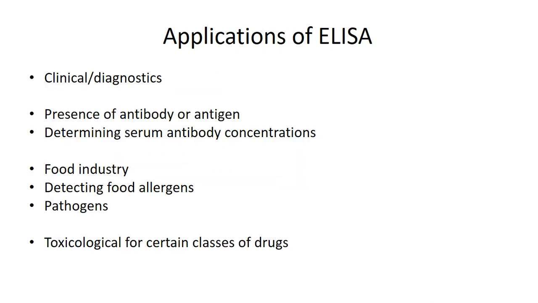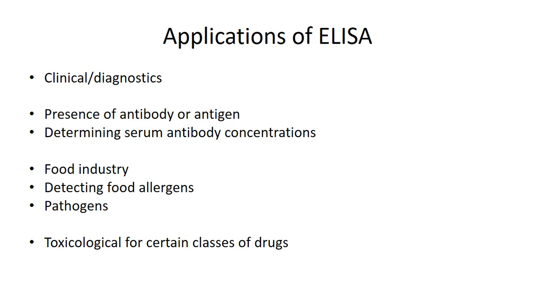So what are the applications of the ELISA? Generally speaking, they're used for clinical diagnostics. So they're used clinically, but they're also used in a laboratory for research. As we've talked before, the majority of them are used to detect presence of antibody or antigen, and also used to determine serum antibody concentrations.